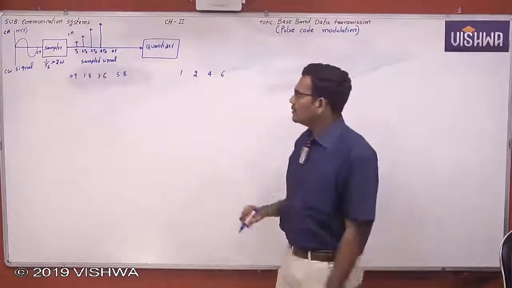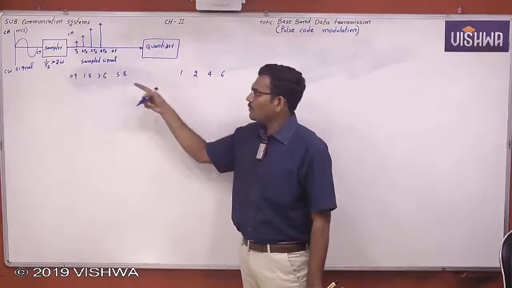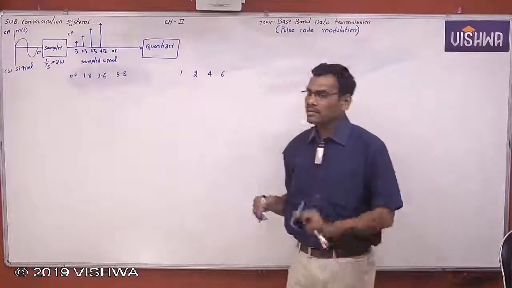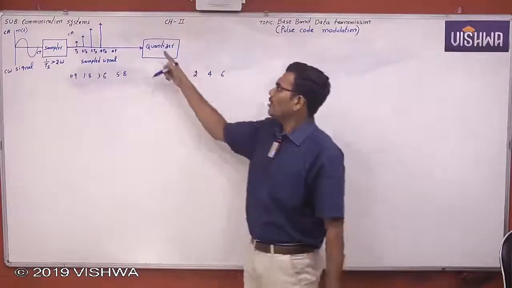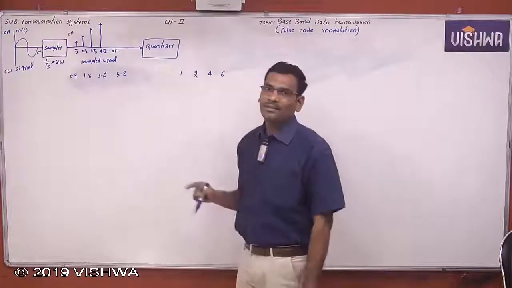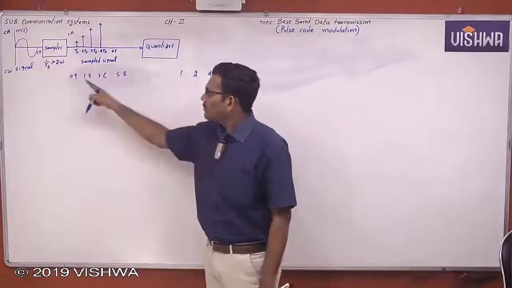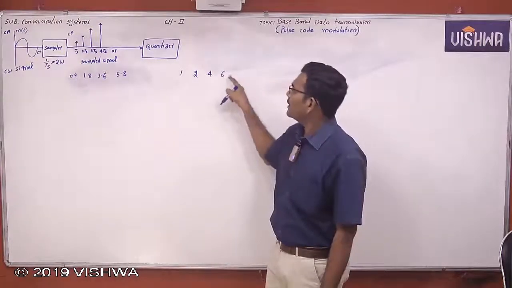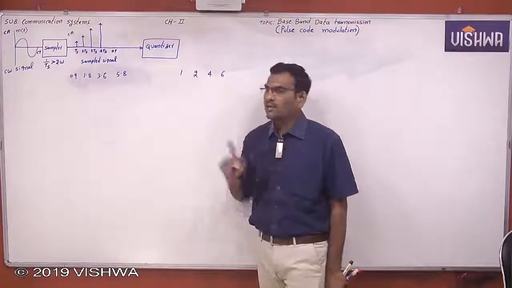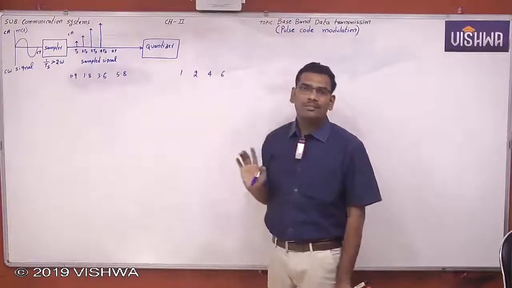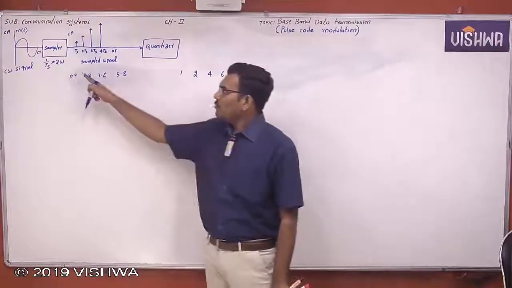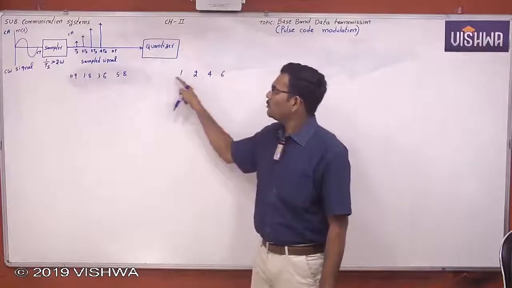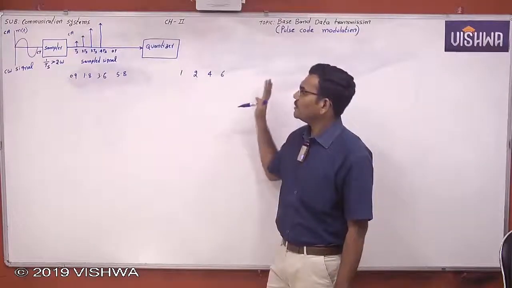Sir, how will the rounding off happen? Whether 0.9 is nearest to 1, that we will see. Okay, this is general. The quantizer is used in the PCM transmitter to round off the original sample values to the nearest quantization level. Note it down, okay? Quantizer is used in the PCM transmitter to round off the original sample values to the nearest quantization levels.